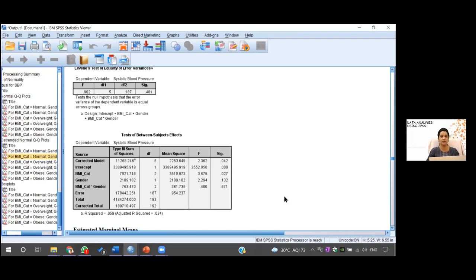Can you do that? Say yes or no. So what could I have done? I could have reported the distribution across gender, taken male and female, and put the mean value of systolic blood pressure across the two categories like we have been doing.